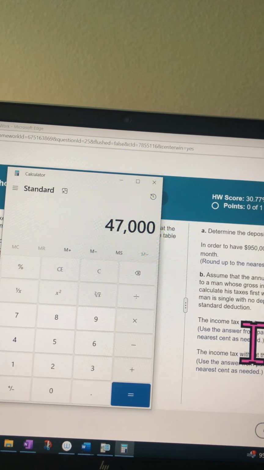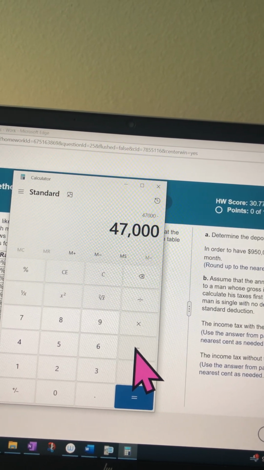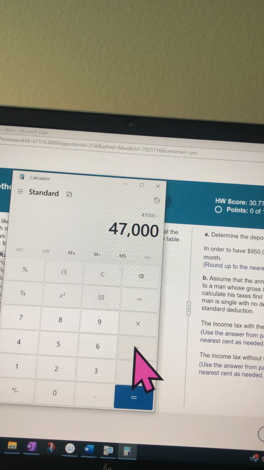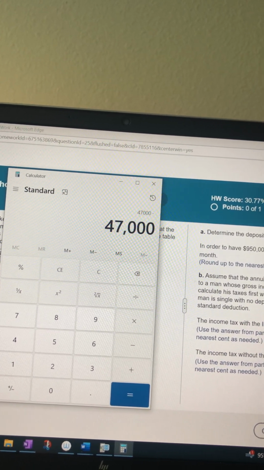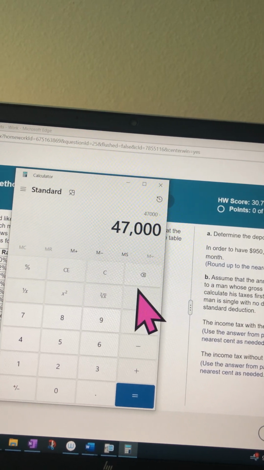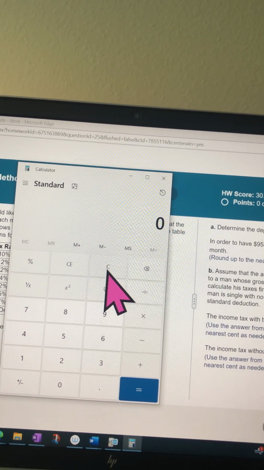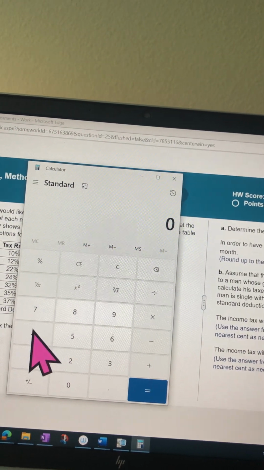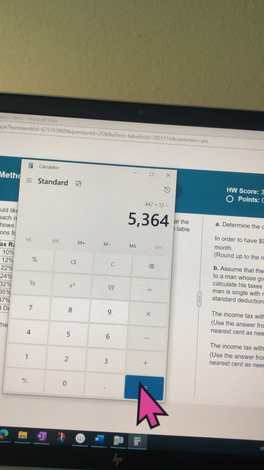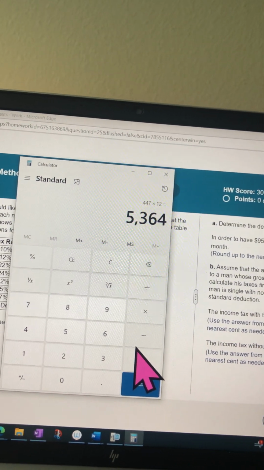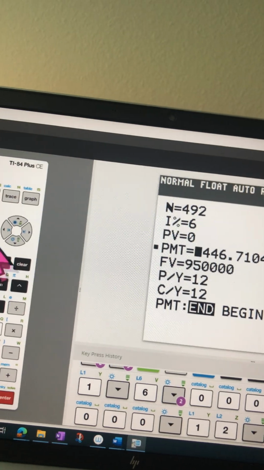So with the IRA, we are going to subtract the contribution for the year. Since you contribute $447 each month, 12 times that is how much you contribute for the whole year, right? Actually, let me use this calculator. It's better.